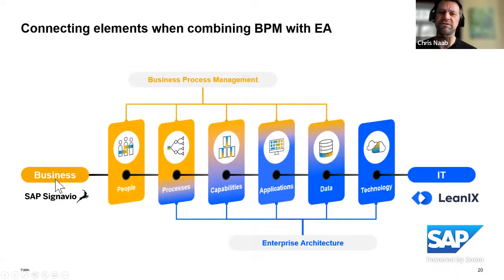No matter if you have a business process management initiative, or if you are an enterprise architecture practitioner. But the more you move from the left to the right, the deeper you'll be in IT territory, right? So IT will also manage processes, of course. IT will also manage people in a way.